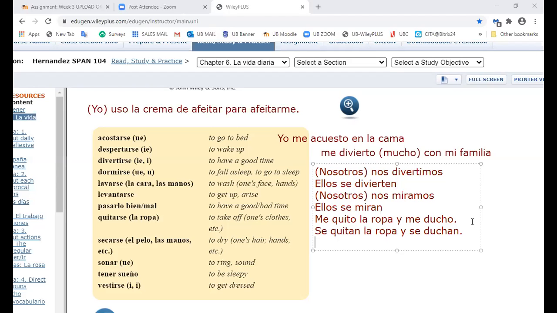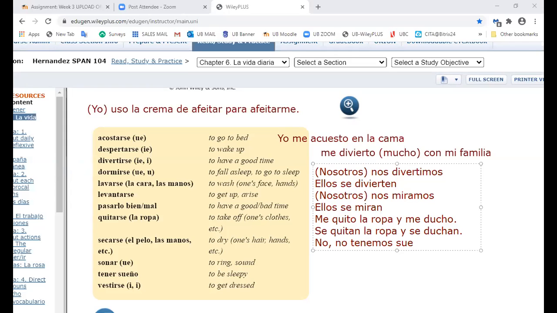I'm talking to you all. And then no has to go in front of the verb. ¿Tienen sueño? No, yo no tengo sueño. I'm saying to you all, nosotros, no tenemos. Listen, tienen, yeah, you started right. ¿Tienen sueño? No. No tenemos.